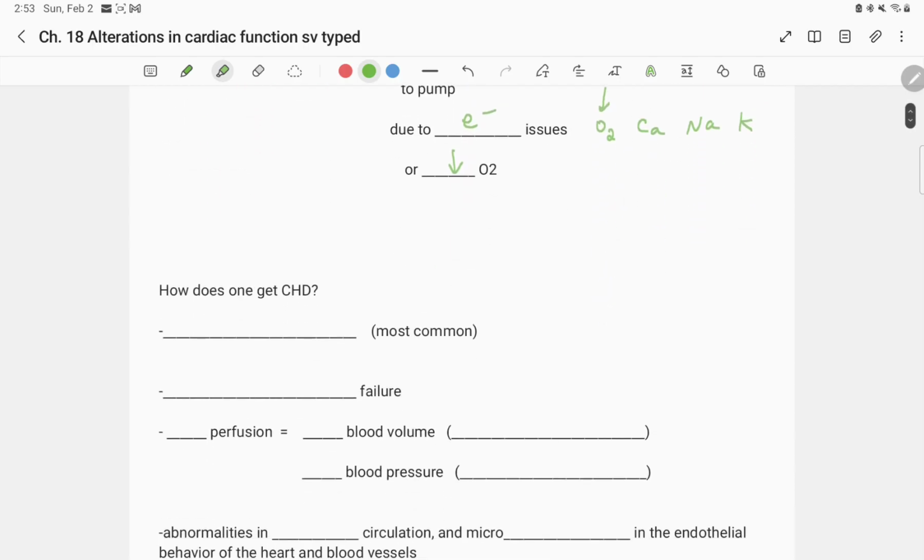How does one get coronary heart disease? Okay, the most common reason is atherosclerosis.